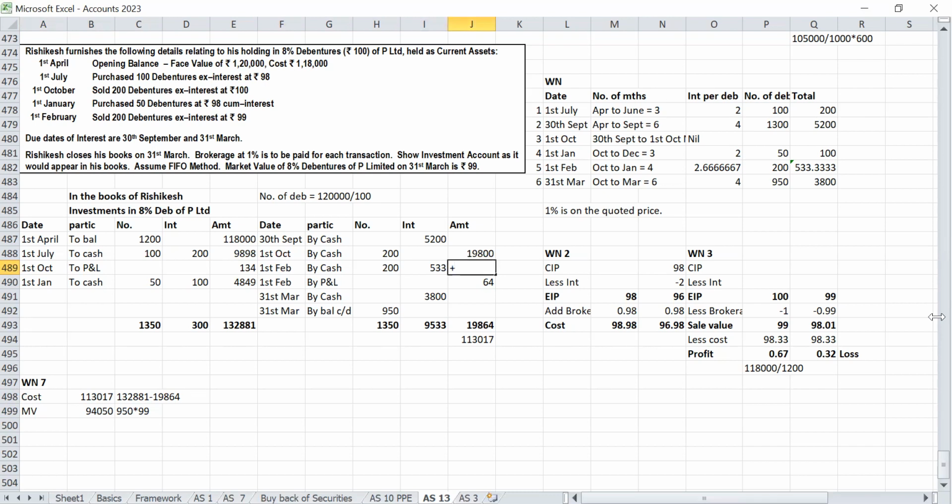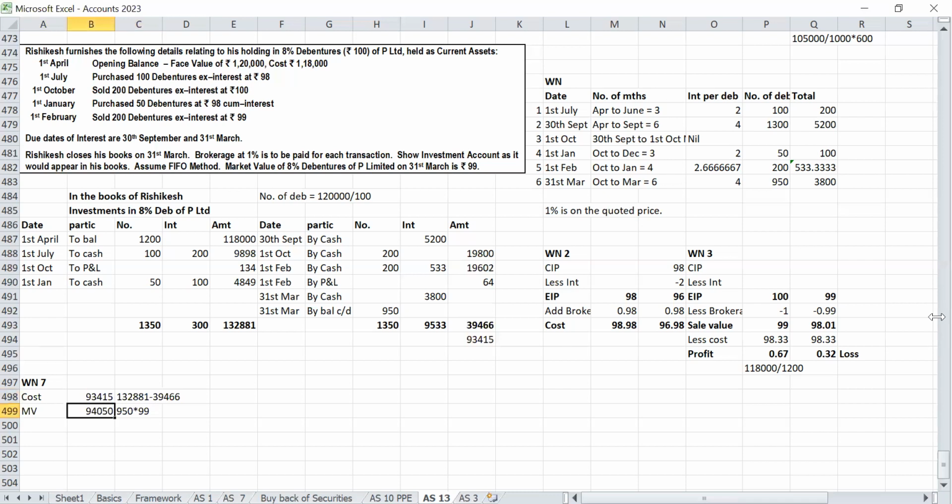On 1st February sold 98.01 into 200. Amount fill up பண்ணல. Yes, sir. Now the total will be 39,466. If you deduct, you will get 93,415.